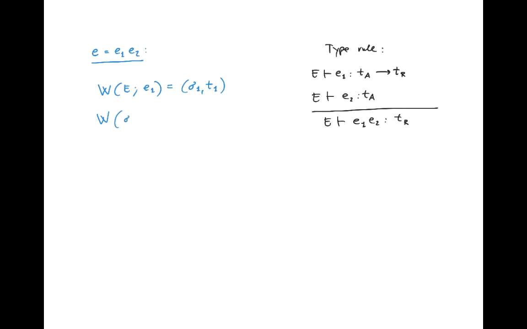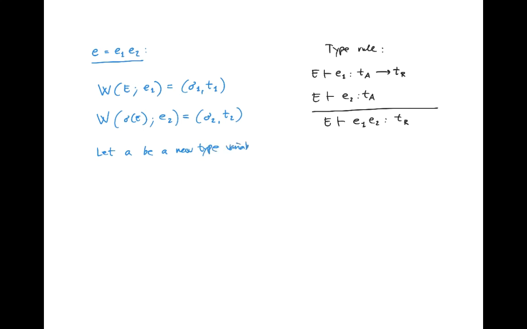So we apply sigma 1 to all the types in E, and then we find the type of e2. We get a new substitution, sigma 2, and the type T2 of e2. And then we must find out what the type of the result is, and to do that we introduce a new type variable. So let a be a new type variable.